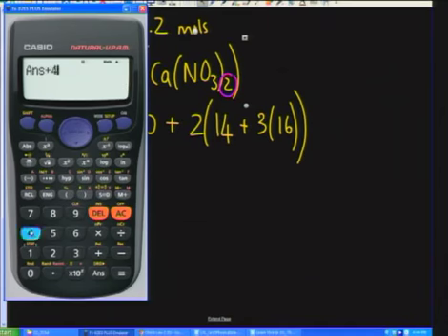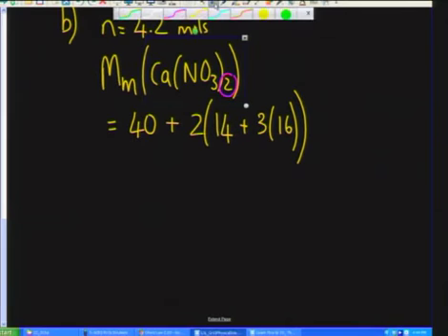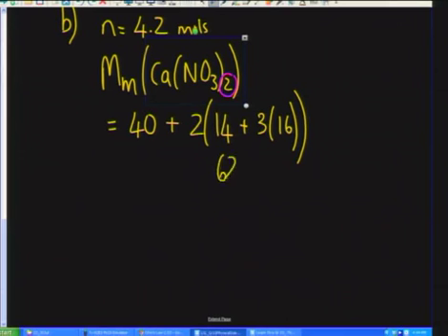I'm adding to that 14. And I know that then inside this bracket that I've got to multiply by 2, it should be 62.